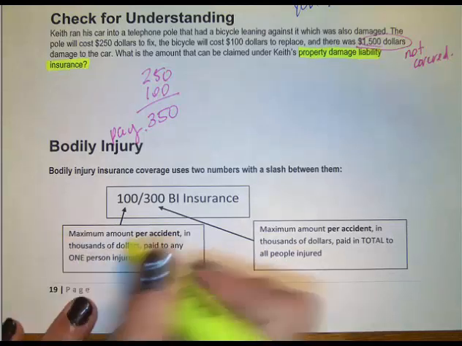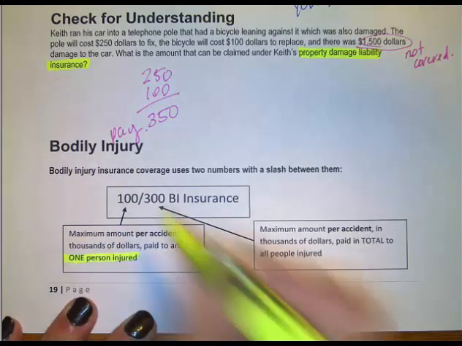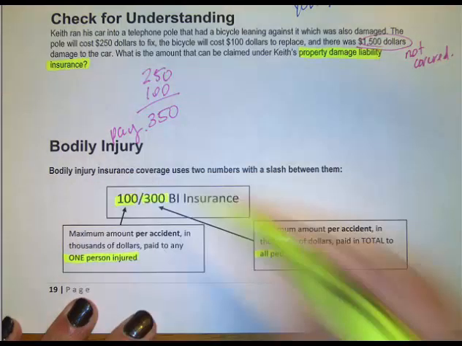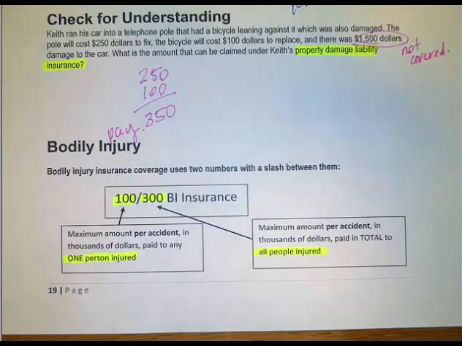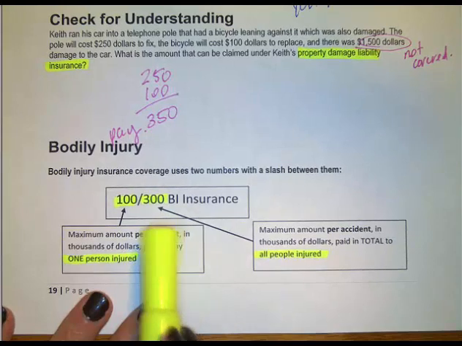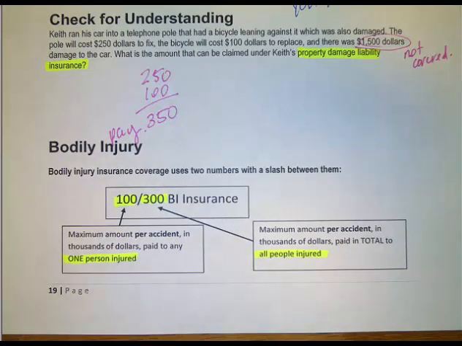So this is one person, and this is all people. So be very careful. If there were 5 people and they each got $100,000, this insurance would only pay for $300,000 of it. So you would have to pay for the difference. So be very careful when you read these types of questions that you know one person versus the entire accident. Okay.